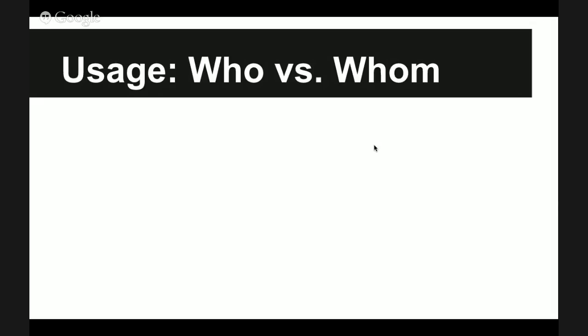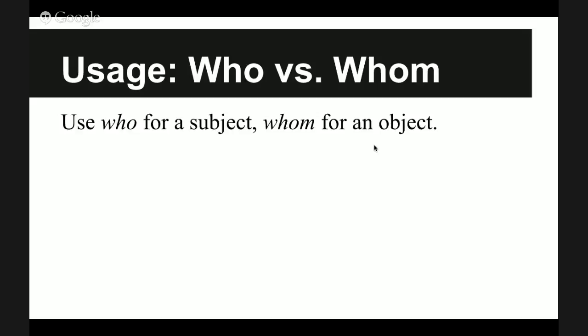And in reality, there's a very straightforward rule to follow when it comes to using who and whom. We use who for a subject, and we use whom as an object, with no exception for this rule. So it's an important rule to know, make sure you have this in your notes. We use who for a subject, and we use whom for an object.